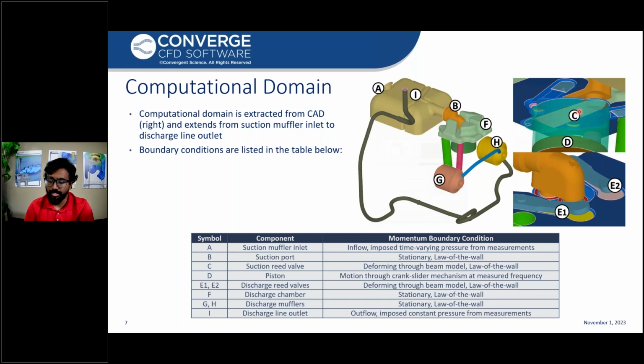For both the suction reed valve and the discharge reed valve, we are going to be using a 1D beam FSI model. I'll be discussing this in more detail in the following slides. From there, it goes into the piston.